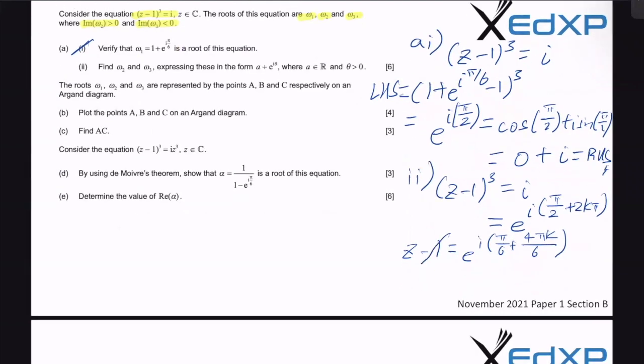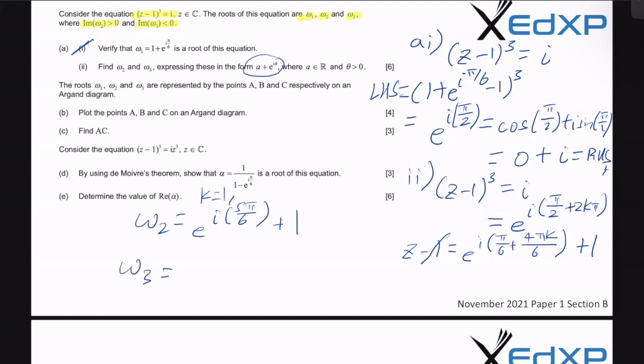I can remove this minus 1 and bring it over here. So omega 2 will be, when k is 1, 1 + e^(i5π/6). That's in the form 1 + e^(iθ).